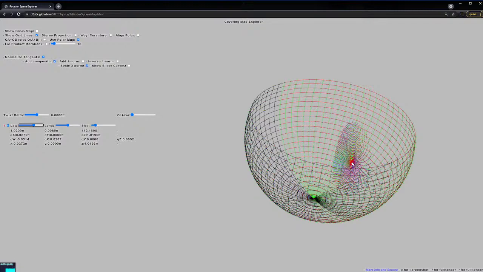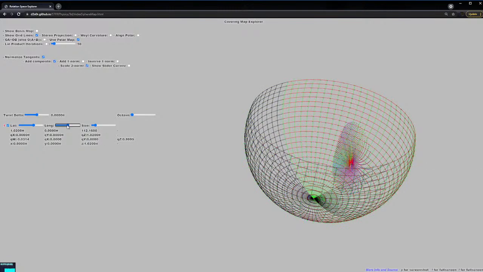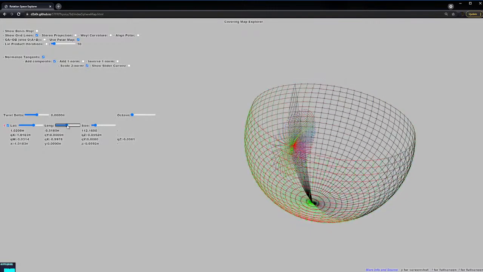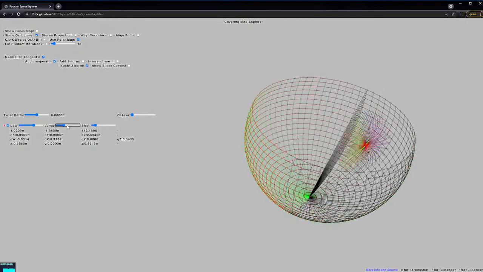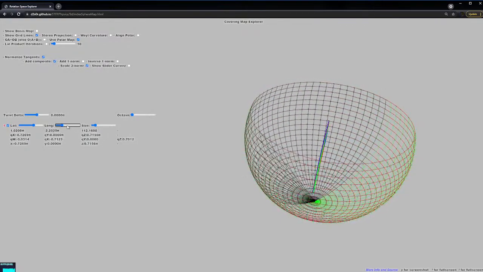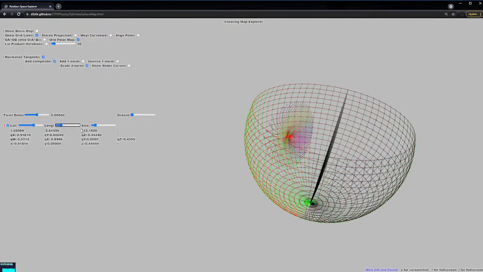So there's a ring that the center follows that goes around in a circle. That's at 1 pi, and it goes out to 2 pi.